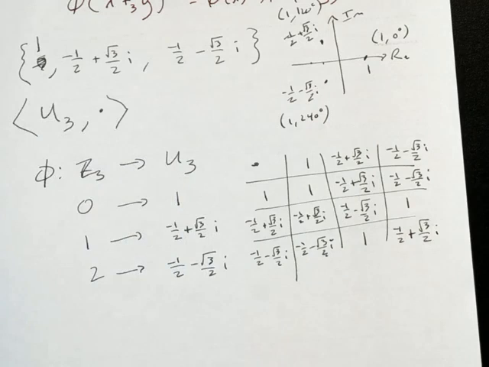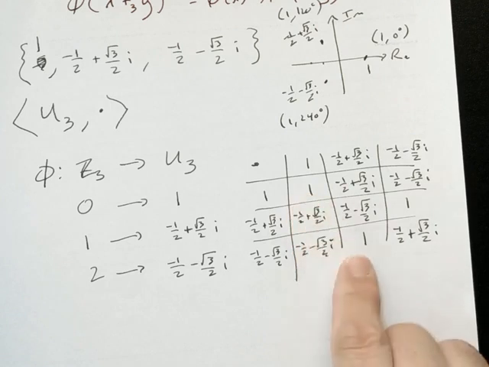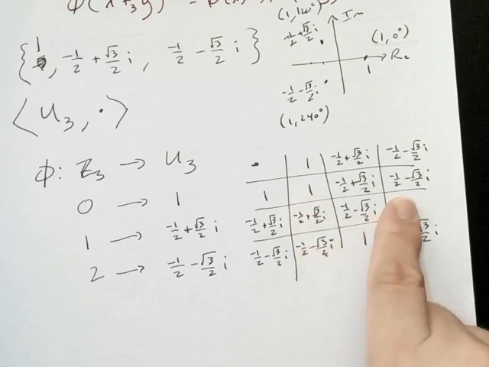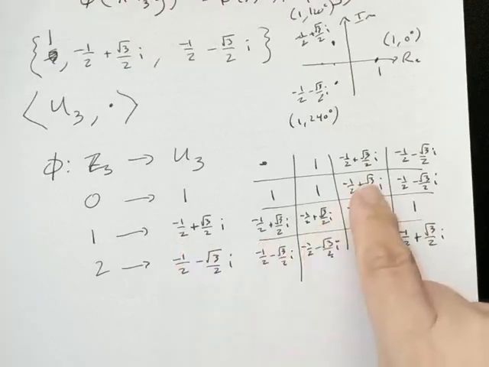$64,000 question. Does my table match? There were 3 zeros in my table. For the addition mod 3, where were the 3 zeros? Here, here, here. There were 3 ones.